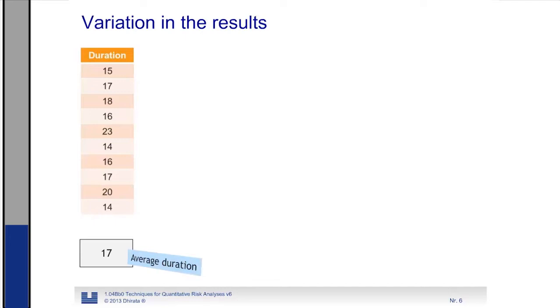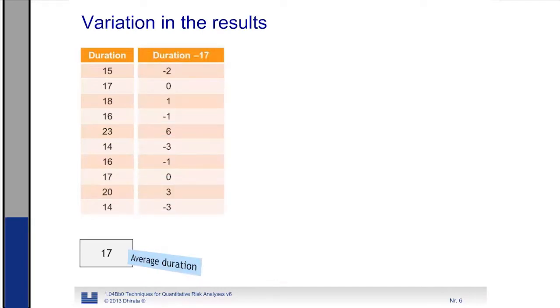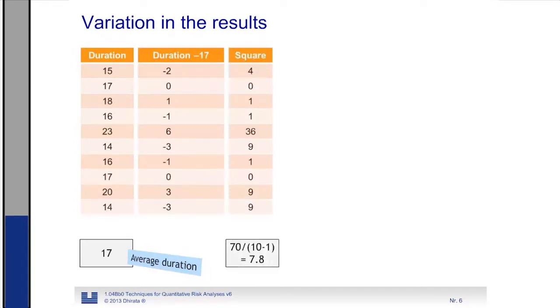But is this correct? We need to know something about the uncertainty there is on this estimate of 17. We need to have a criterion for variation. We can do this by subtracting the average from the duration, then we square them and add them up.